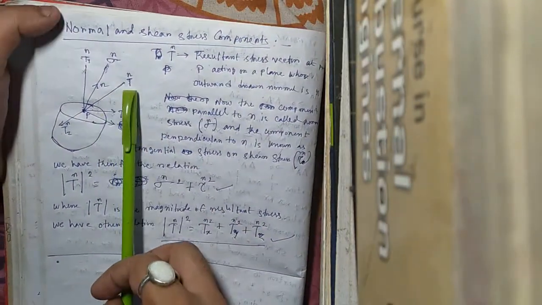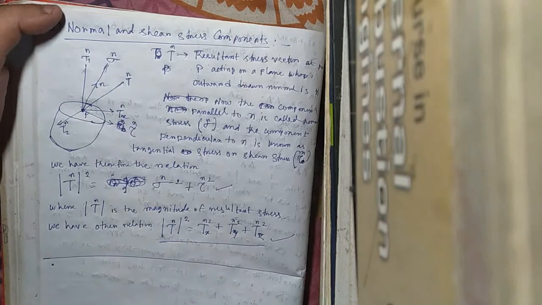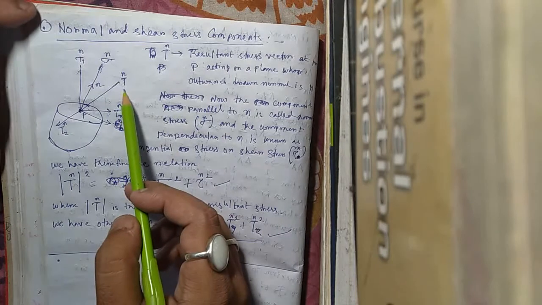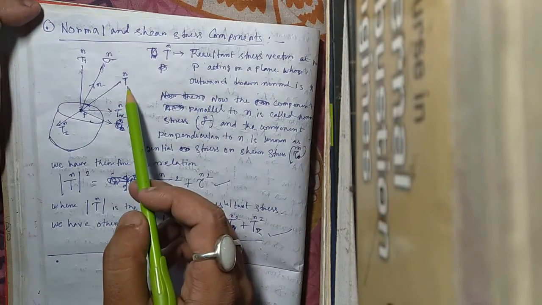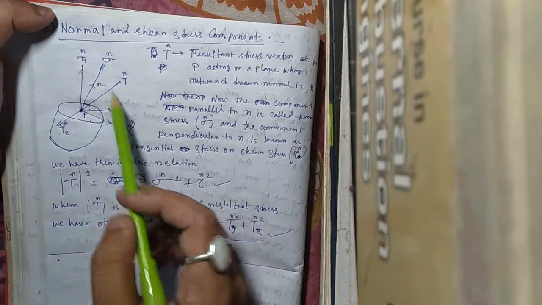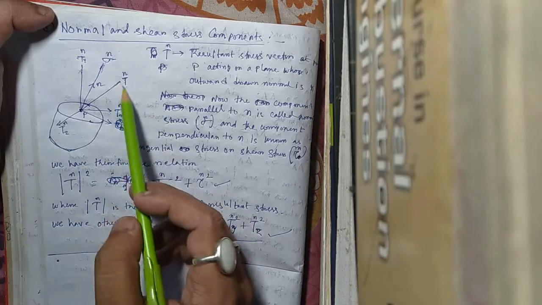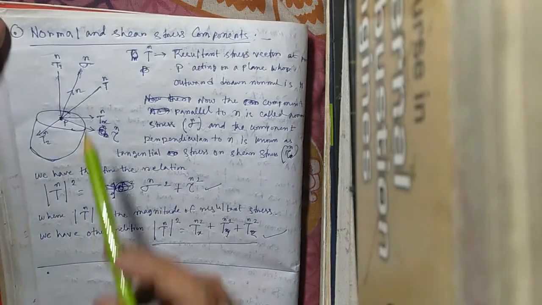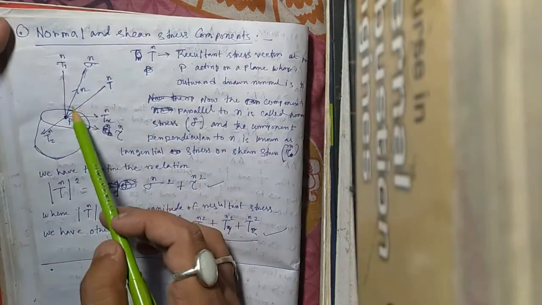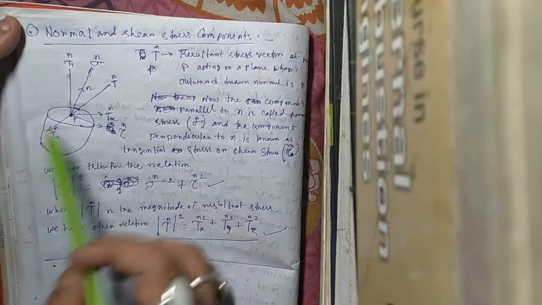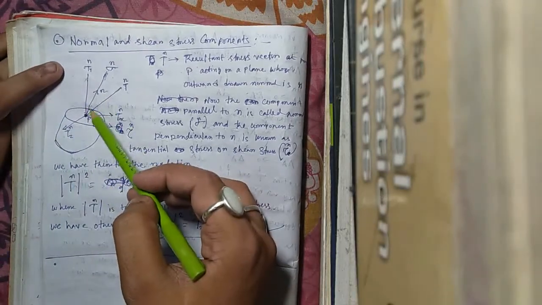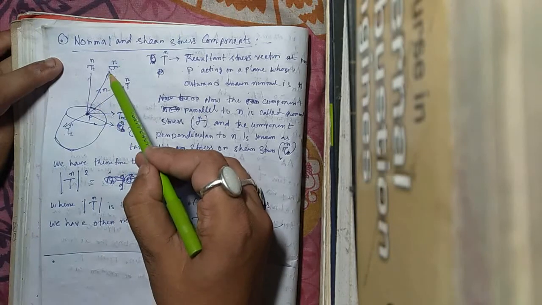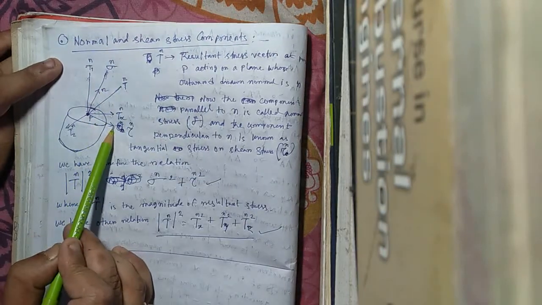T is the resultant stress vector and N is the outward normal drawn from this point P. T can be resolved into three components, Tx, Ty and Tzn, and N can be resolved into two components: one along this N, and one perpendicular to this N.